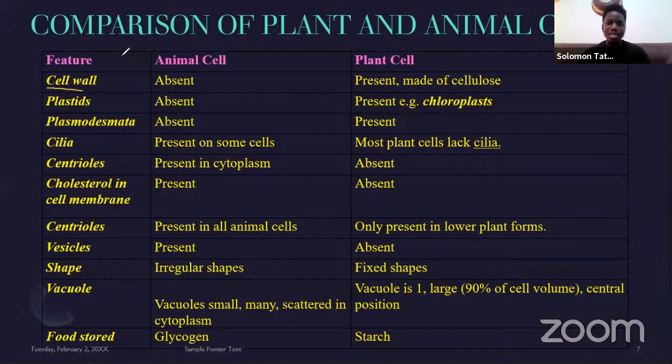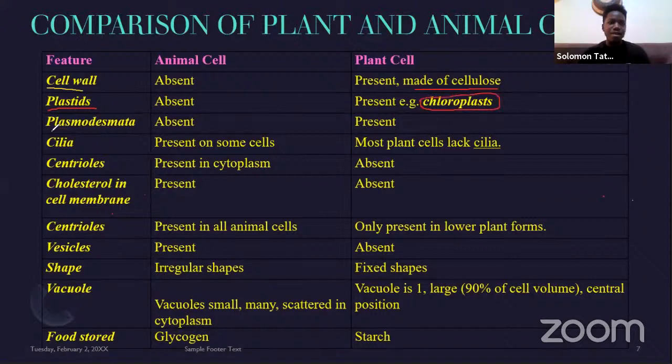It is absent in animal cells and present in plant cells, made up of cellulose. Plastids are absent in the animal cell and present in the plant cell. An example of a plastid is chloroplast.